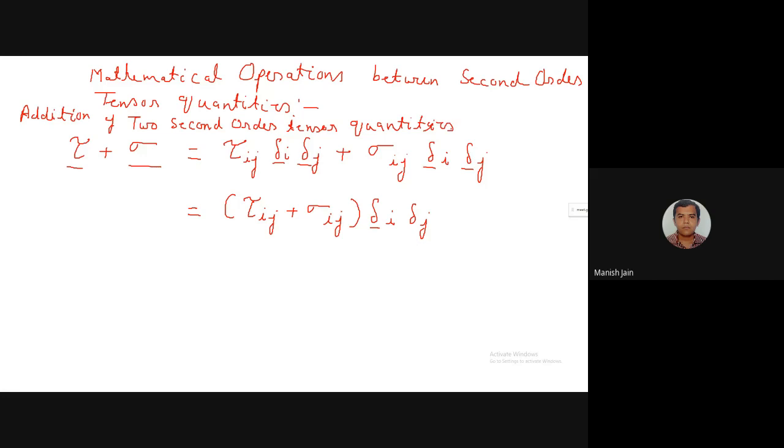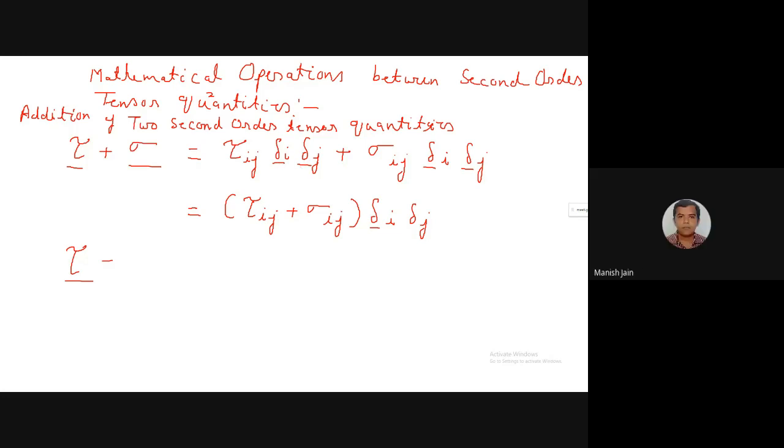Okay, then you have the subtraction. For subtraction, similarly to the vector quantity, you subtract the two second order tensor quantities. Is it that the del has to be underlined? Yes, del has to be underlined like a vector quantity.